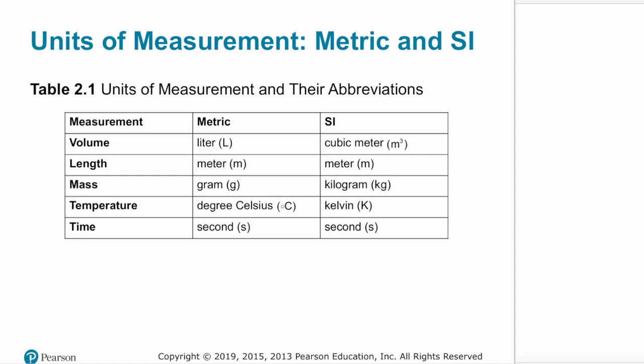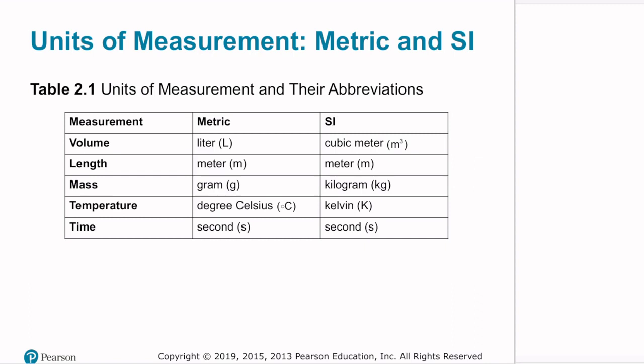The SI system can in fact be thought of as a subset of the metric system and uses the same base measurements for length and time as the metric system. For length, both use the meter, and for time, both use seconds.